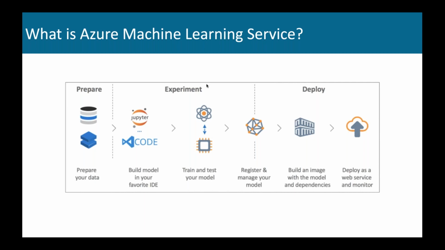And after that, you move into the deploy phase, where this model is now packaged either as a container or as an edge module and gets pushed to the edge or moves to a Kubernetes cluster or an ACI group to essentially expose an endpoint where you can perform inferencing, which is nothing but predictions. So 3 phases: prepare, experiment, and deploy. And you have a lot of choices for each of these stages of the data processing and ML pipeline.